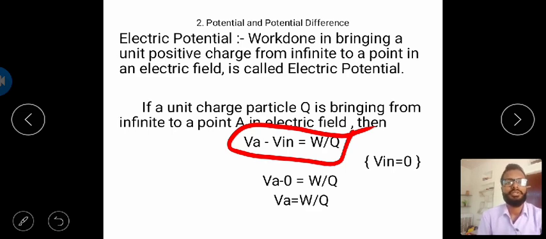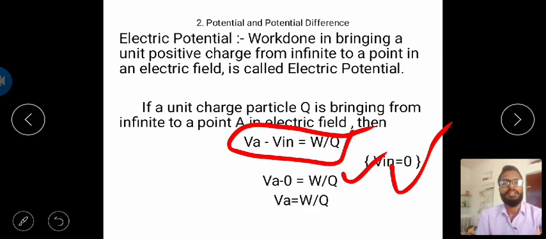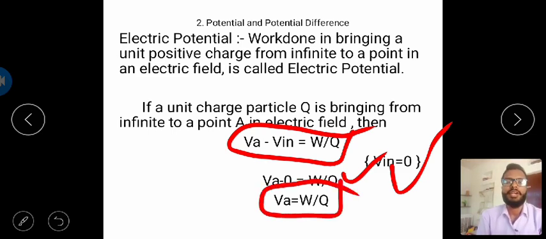So we put the value of voltage at infinity in this formula, then we get VA minus 0 is equal to W upon Q, and the final formula becomes VA is equal to W upon Q.